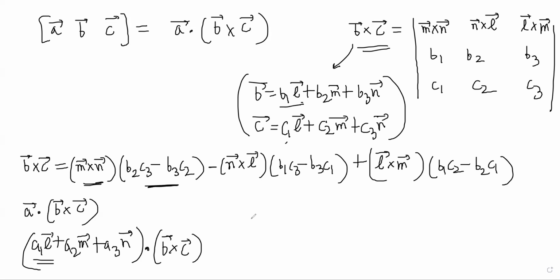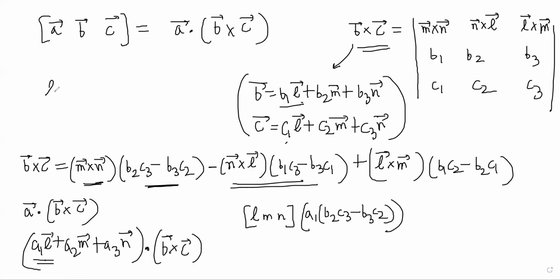So I will get the L M N box product, and I will get A1 into (B2 C3 minus B3 C2). Then I do L dot this, it will be 0, because when you do the box product of L with N cross L, that has to be 0 because this vector is perpendicular to L, right? And when you do L with L cross M, that will also be 0.